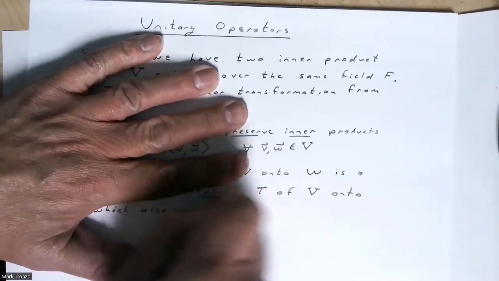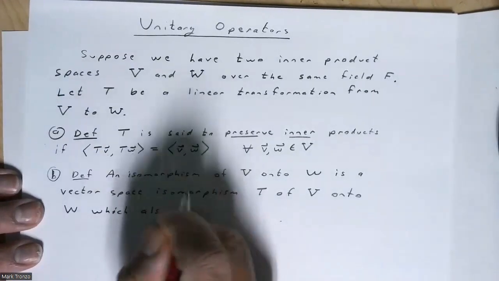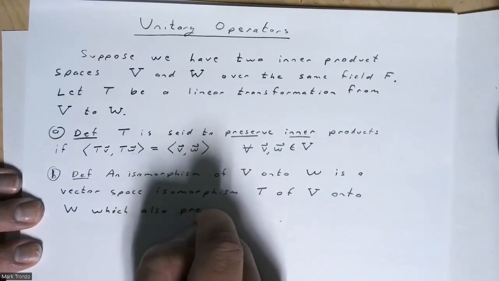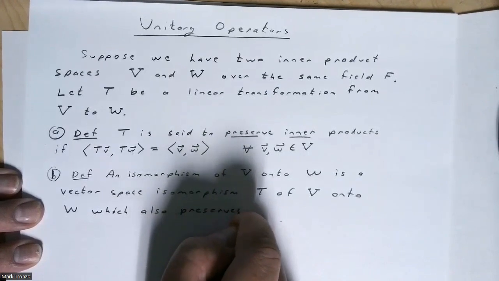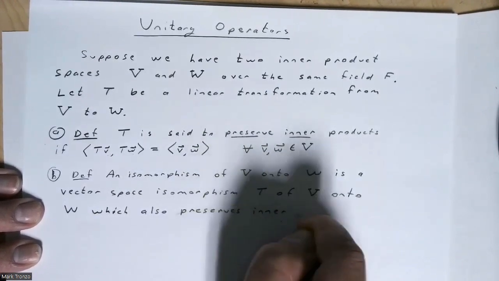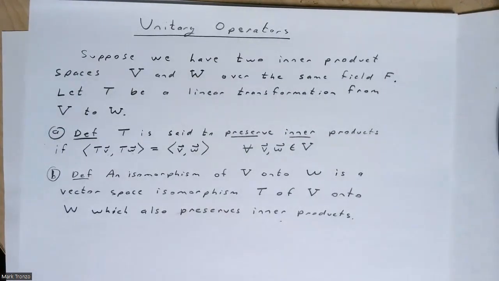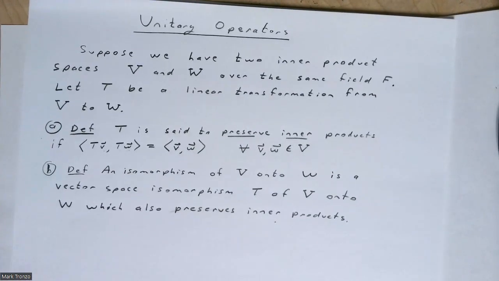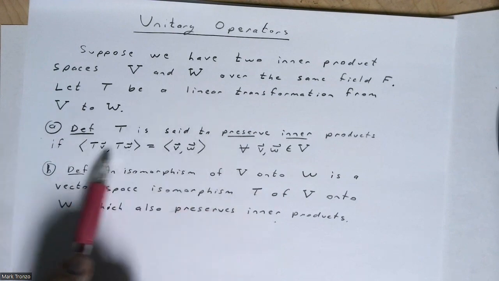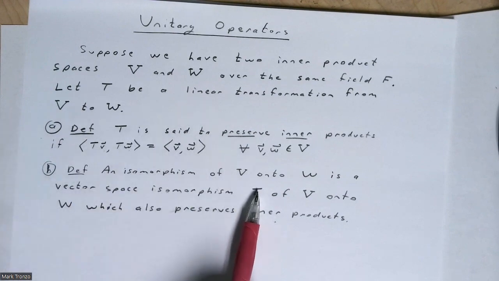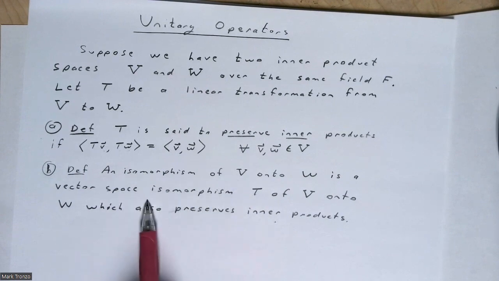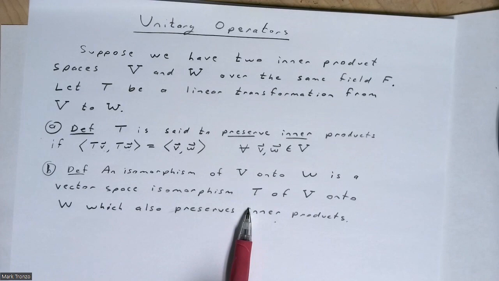Excuse my writing. So again, T is said to preserve inner products if this is true, and then an isomorphism is this transformation from V to W which preserves inner products.